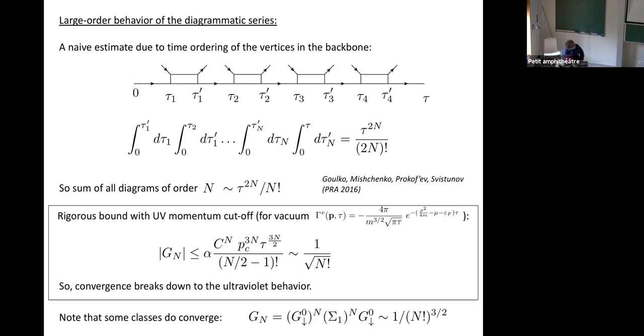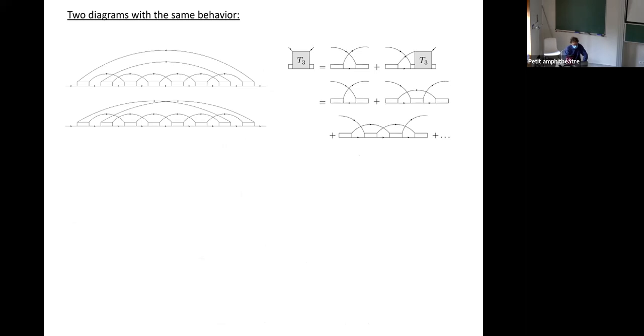Now we were wondering which diagrams could explain the behavior that we saw, this exponential increase at large order. Two diagrams were immediately our suspects, and they are obtained by looking at so-called T3 diagrams. These are like ladder diagrams, but for the three-body problem.